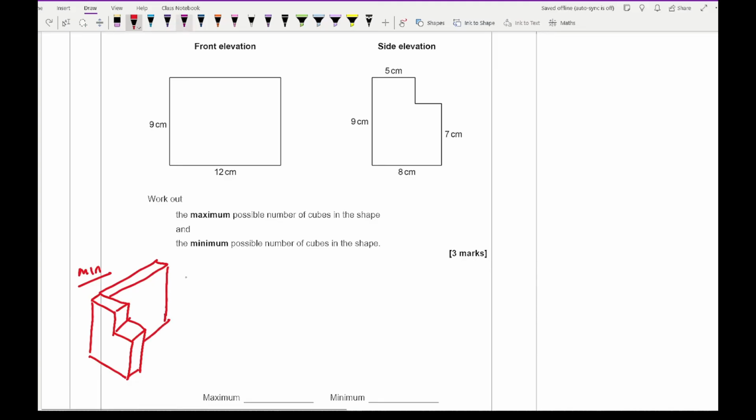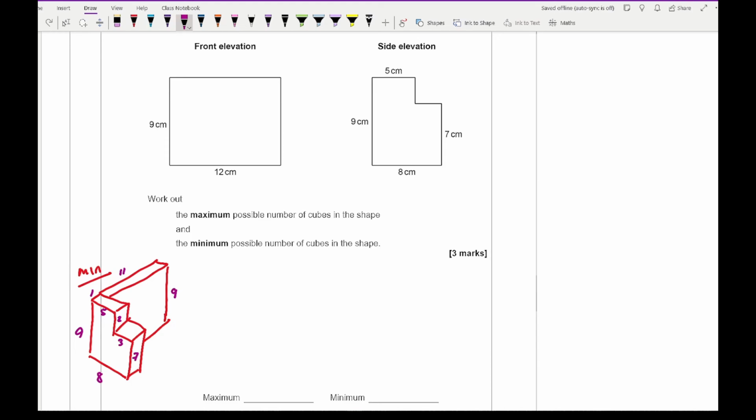And that's the minimum set of cubes that we've got. So if I just label the sides, I've got 8, I've got 7, I've got 9, I've got 5. That means that this length here is going to be 3, this height here is going to be 2, that's going to be 1, that's going to be 11, this is going to be 9, and we go from there.